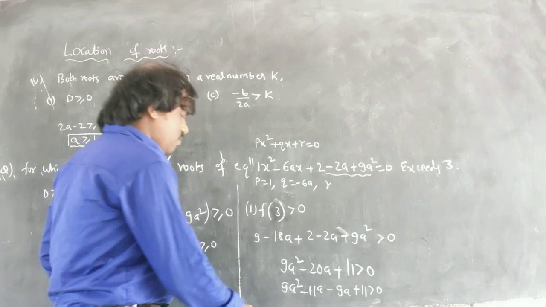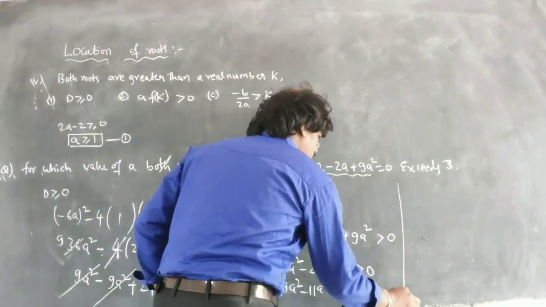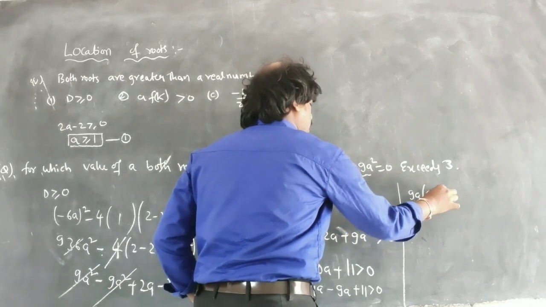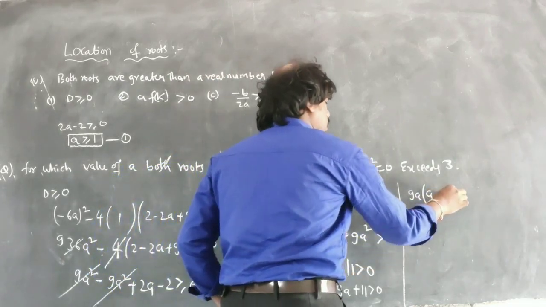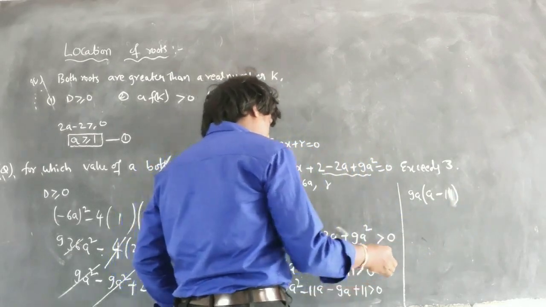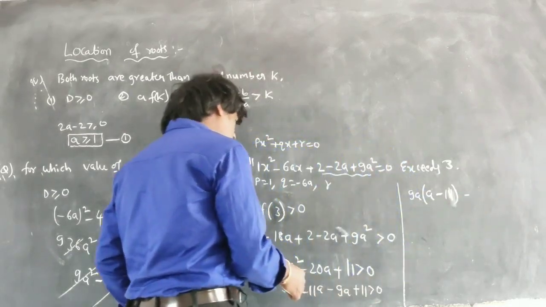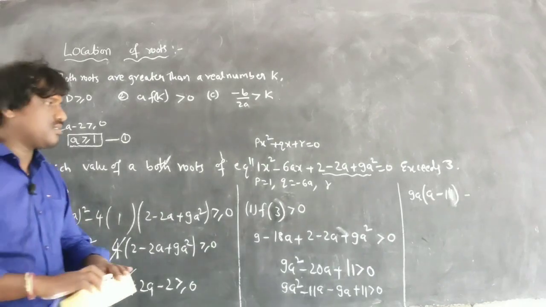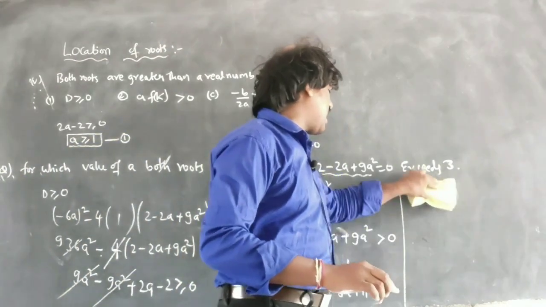Here what I am getting common is 9 and a, so a minus 11 is left. I don't get a common, sorry, 9 is not going to get common, so only a gets common.